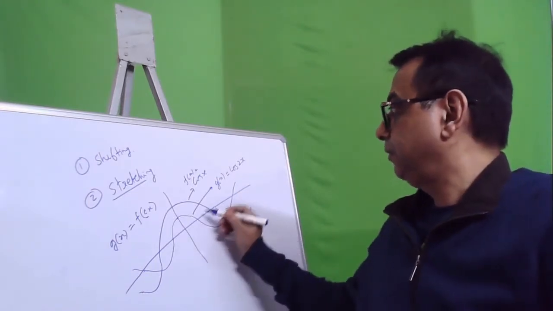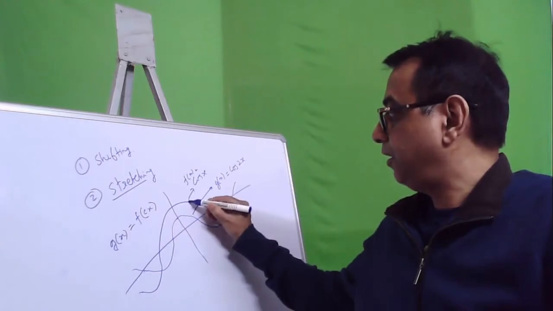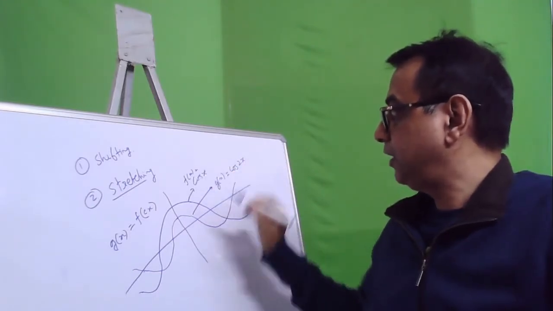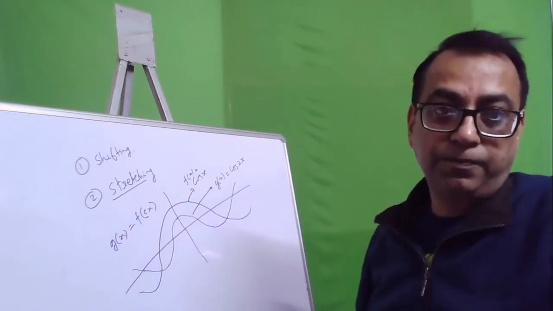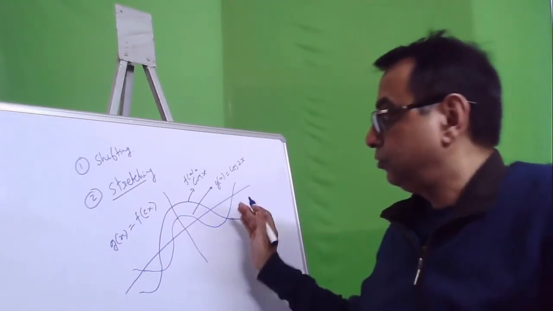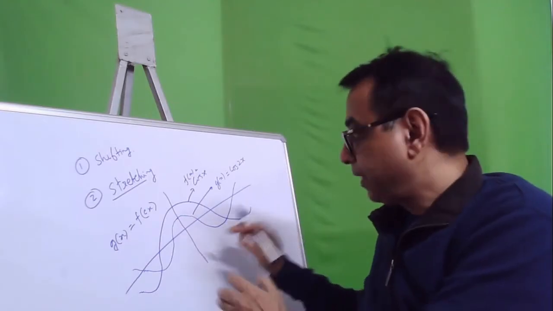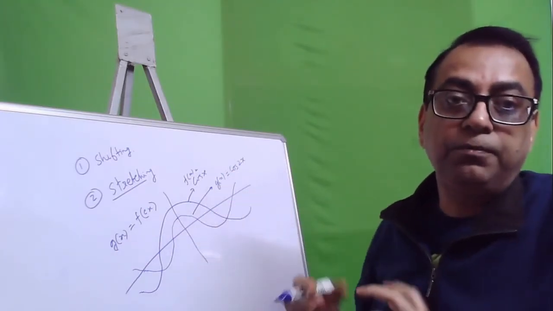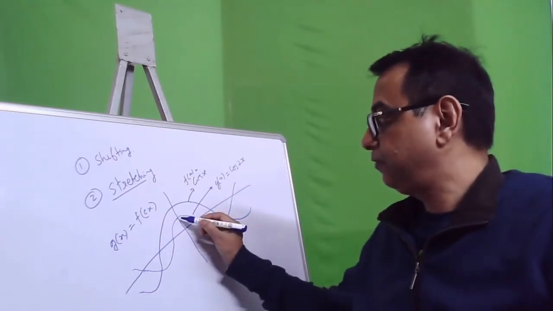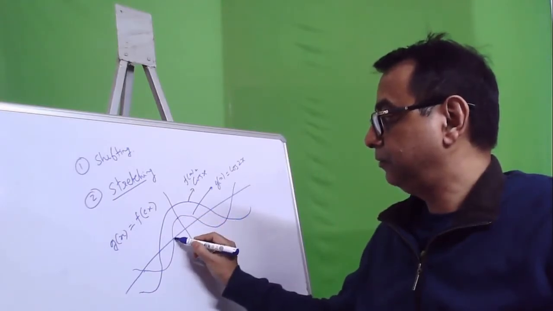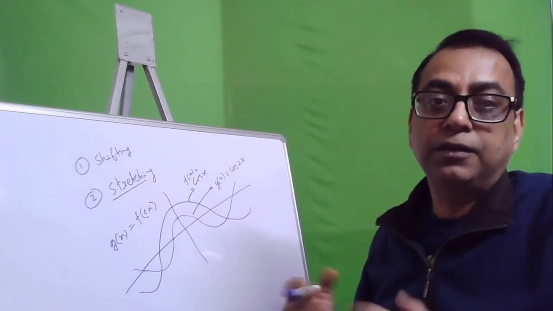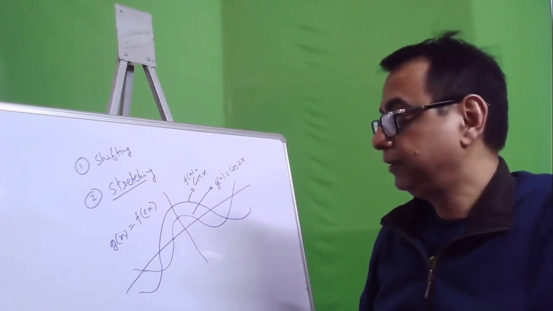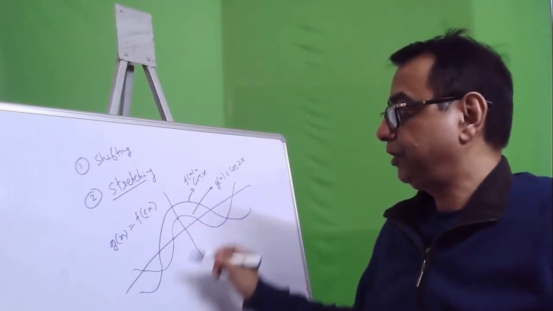For example, we have this graph as f(x) equals cos x, and if we make g(x) equal to cos 2x, the compression factor is 2, so it will be compressed here, and the frequency will be twice. That means whatever value it reached originally, at half the level we will get the same value of y. So this is the compression.